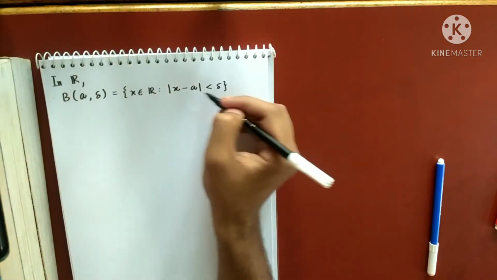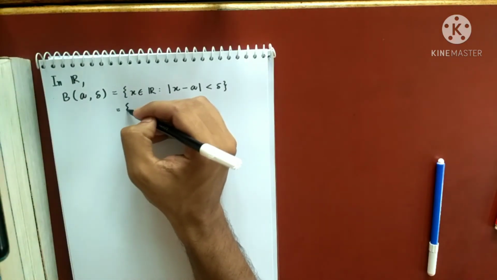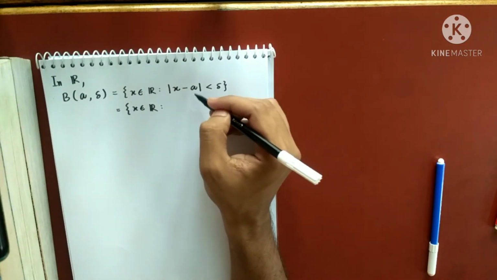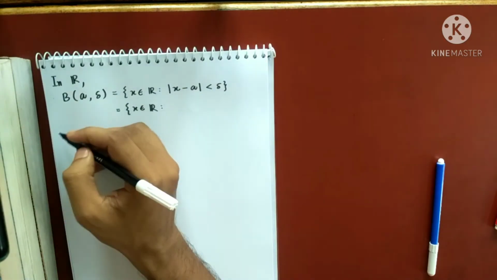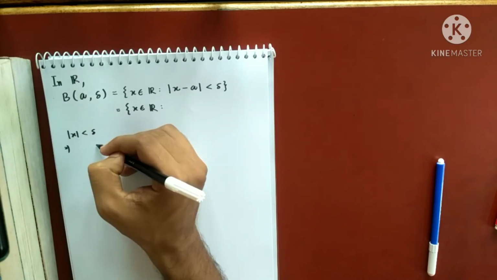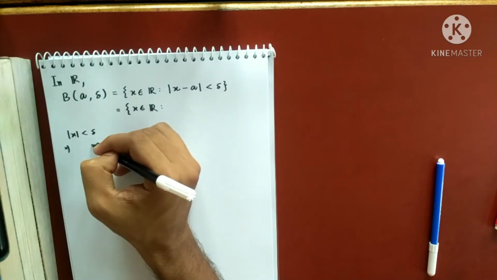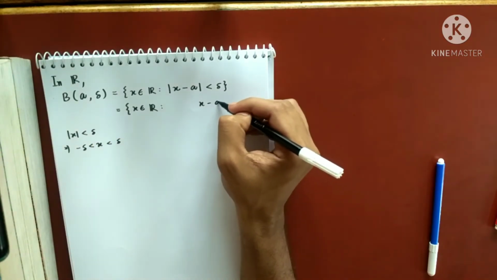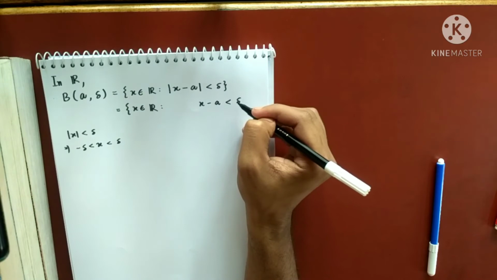Now if I simplify this, you see this is all those x in R such that, you always remember this, mod x less than delta implies minus delta less than x less than delta. So this is what happens: minus delta less than x minus a less than delta.